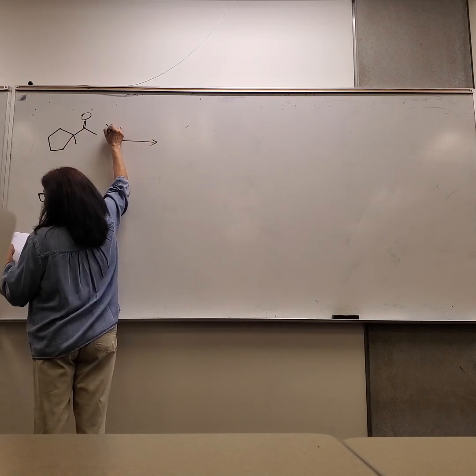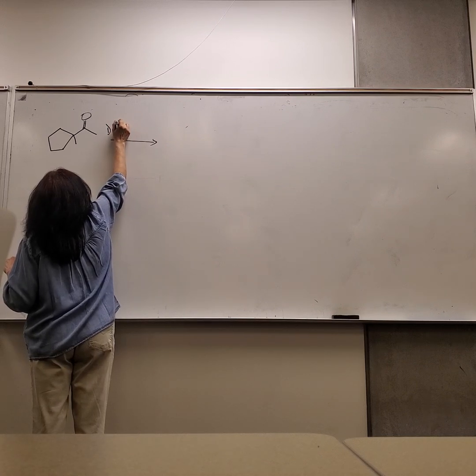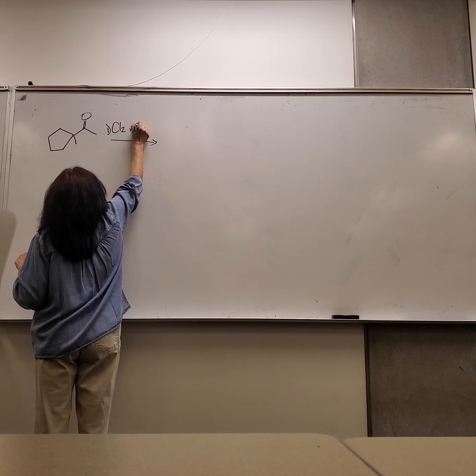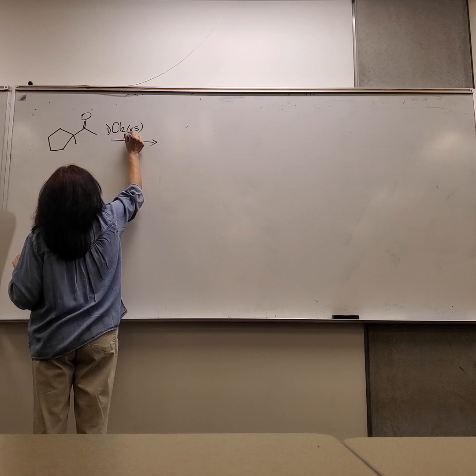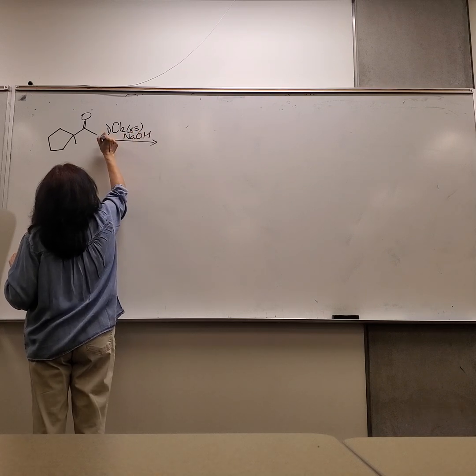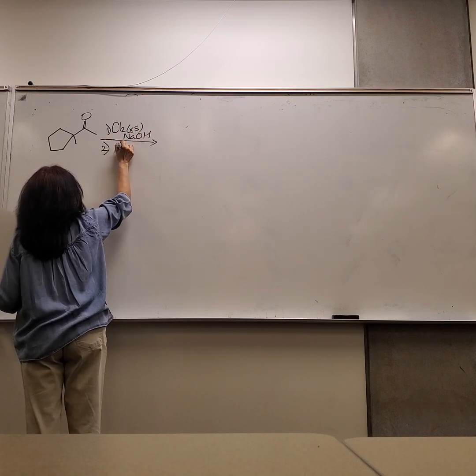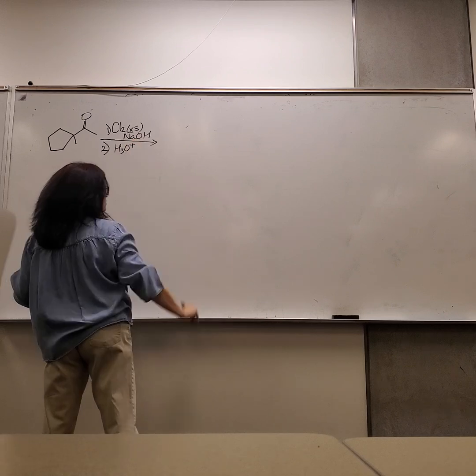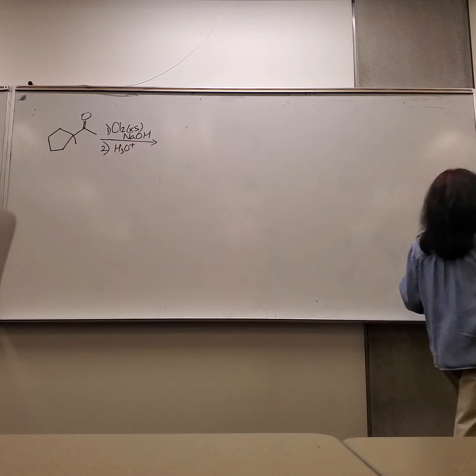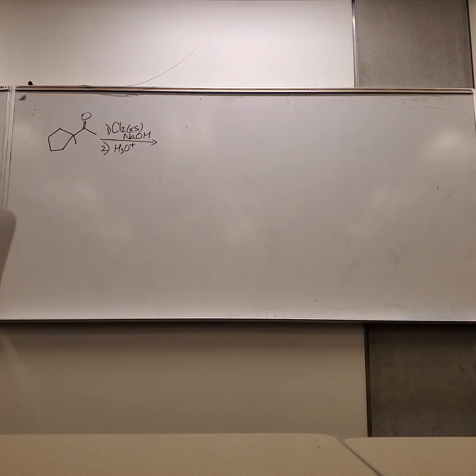So step number 1 is where we are halogenating. Step number 2, protonate.